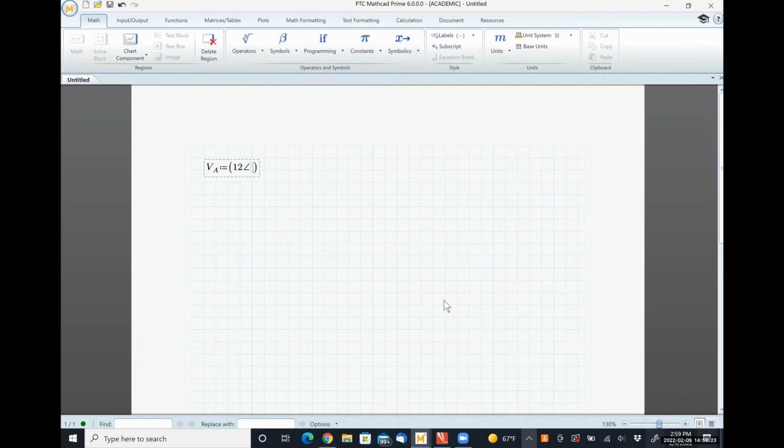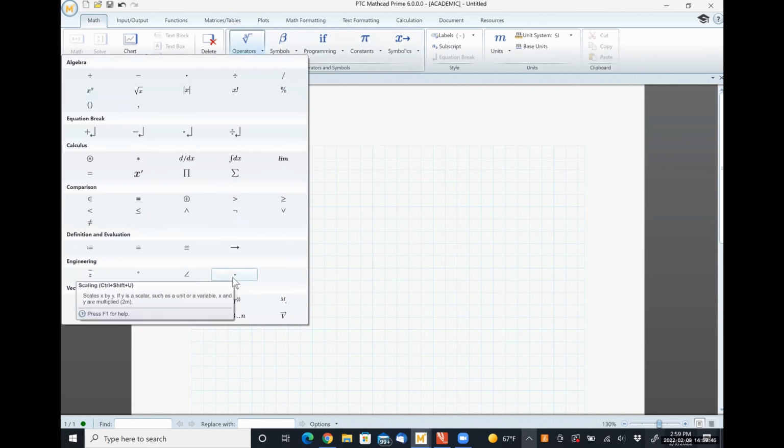Let's just say for the sake of argument that it's 78 degrees, okay? Now, by default, MathCAD expects the angles in radians. So if we don't tell the computer to use degrees, it's not going to. Now, if we click on this operator button again and go down to engineering, here we go.